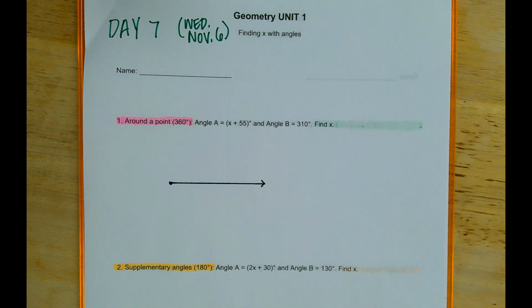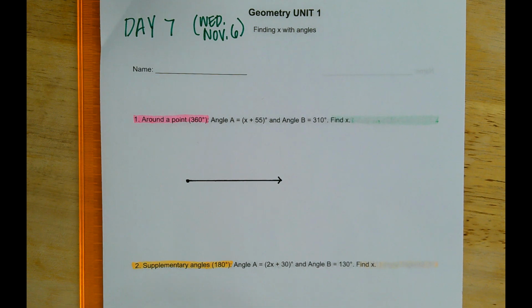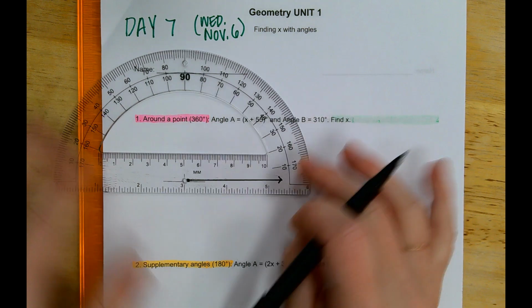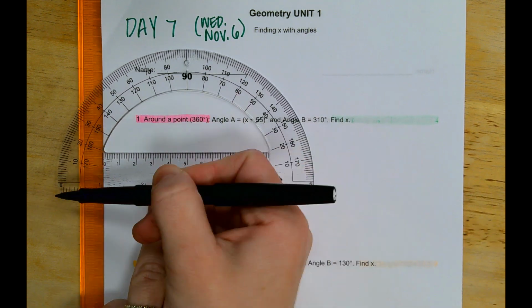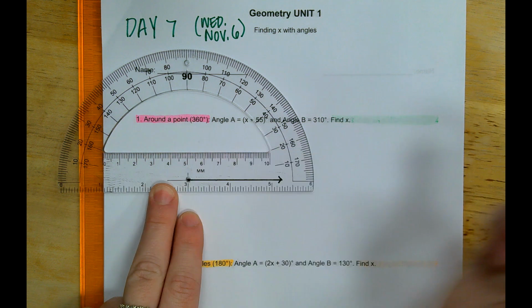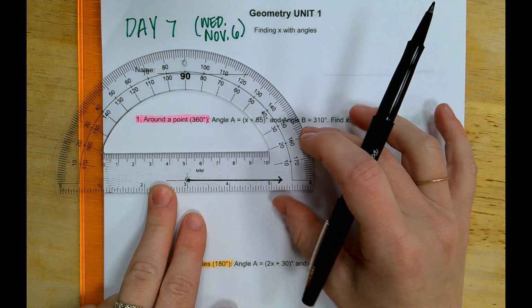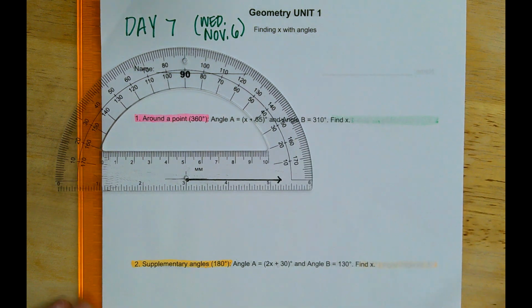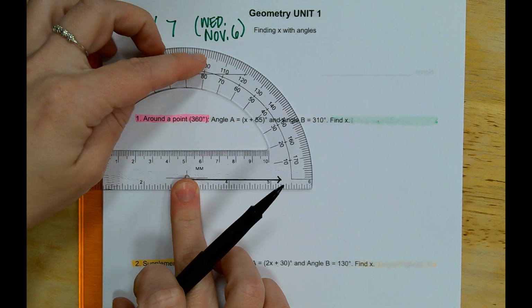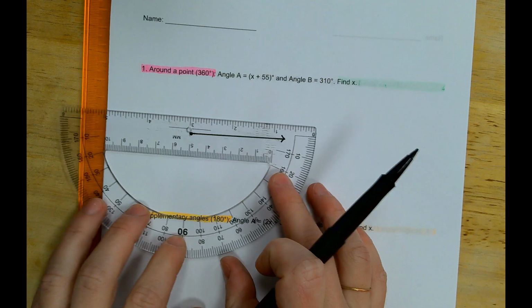Okay. So I know angle B is 310 degrees. So maybe we should start with that one. I know 180 would be going straight this way. How much further would I need to go to get to 310? If you say this one here's the 180, then you kind of add. That's exactly what you're doing.